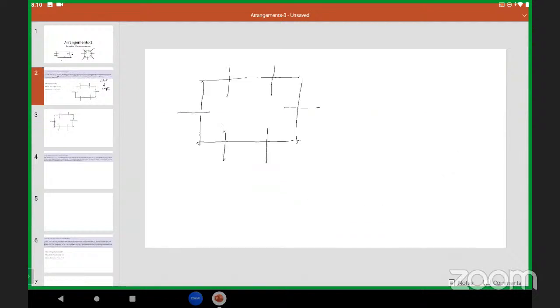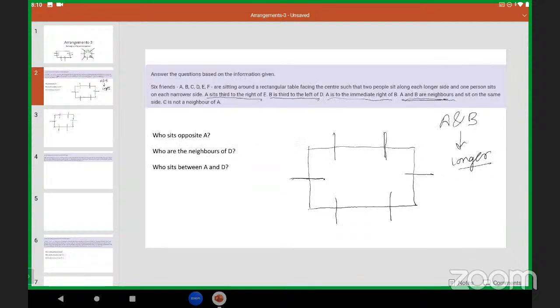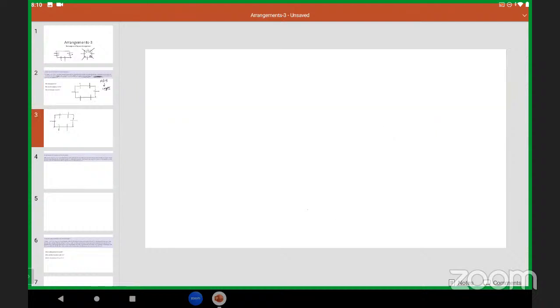Now we have got the one point that A and B are neighbors and sit on the same side. Now A is to the immediate right of B. So suppose B is sitting on the longer side, over this longer side, and A is to the immediate right of B, which means A has to be over here. So this is one condition.